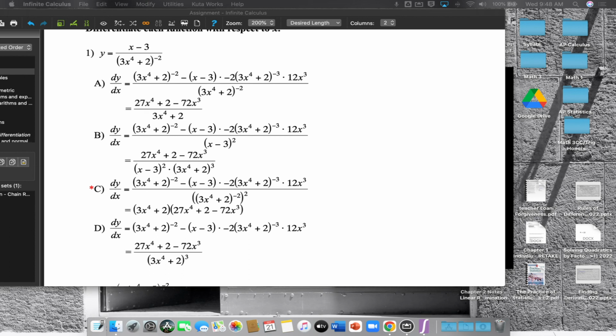Okay, so that's why C is the only one that could work. So eventually on the bottom, you're going to have 3x to the fourth plus 2 to the -4. So that's why it moves up. That's why number 3 doesn't have a bottom, because the bottom is negative, so it would move up. Okay, and then when you combine like terms and everything, that's what you would get.